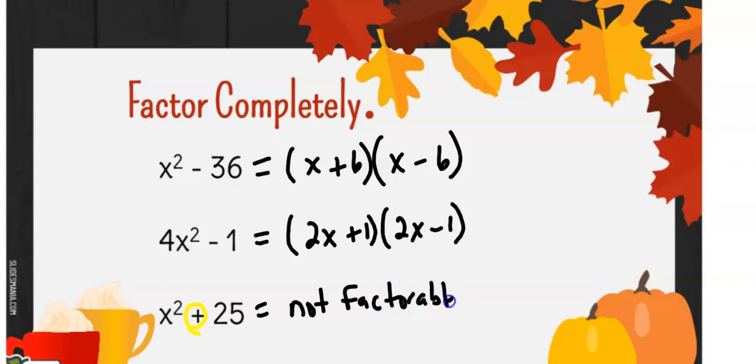If you were to write no solution or undefined or something of that nature, it would be incorrect, because we are factoring expressions, not solving equations. So write the words not factorable.